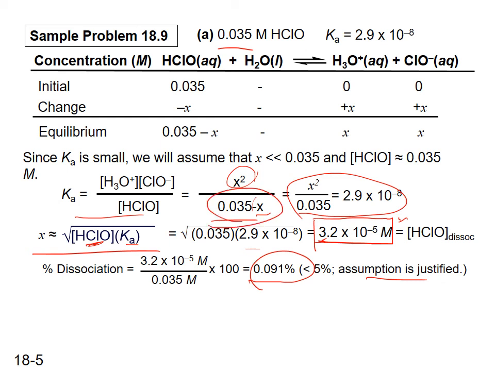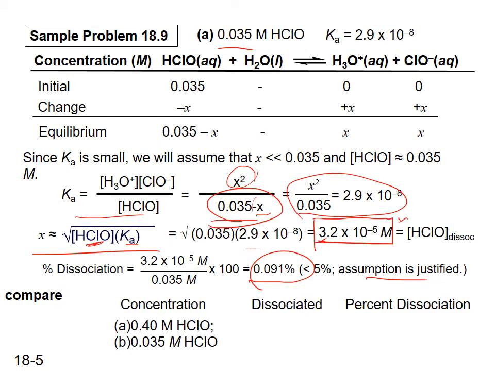So now let's compare these two solutions. One is concentrated, one is dilute. And our calculation shows the dissociation for the dilute one is also small. So the absolute number of acid molecules that dissociate becomes smaller when the initial concentration becomes smaller.